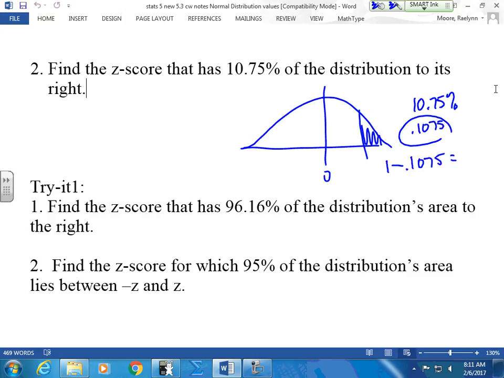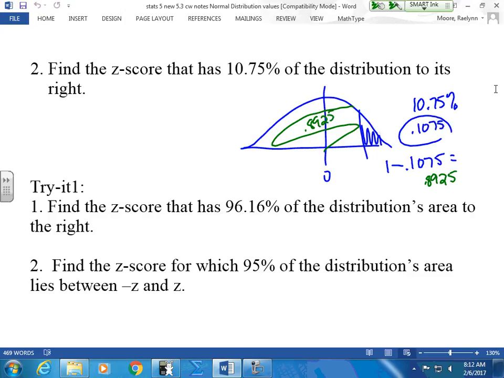If I subtract from 1, right? Is that right? Did I subtract it right? Probably not. 0.8925, I wasn't even close, huh? 0.8925. Okay. This is my area to the left, isn't it?